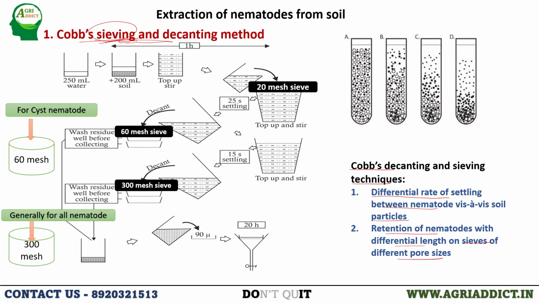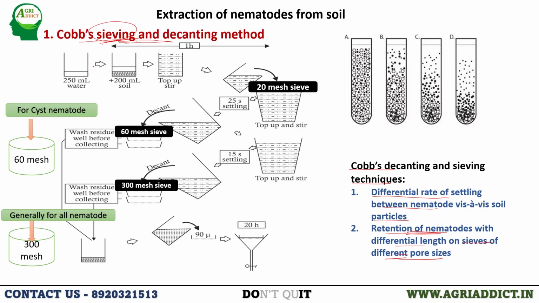Hence sieves of different pore sizes are used in this method. Like this, the retention of nematodes will vary based on their size and the sieve pores, so the nematodes stay on each of the sieves used in this method.